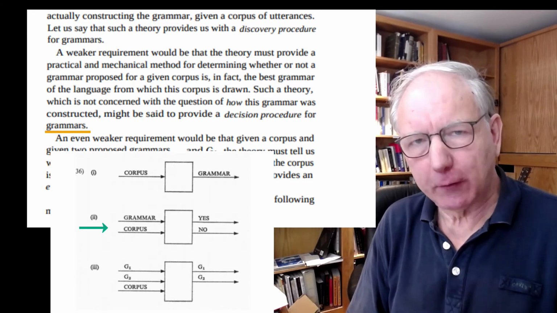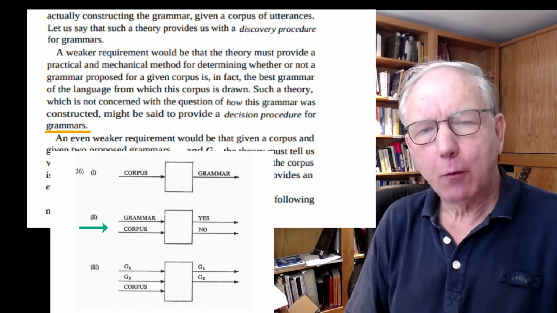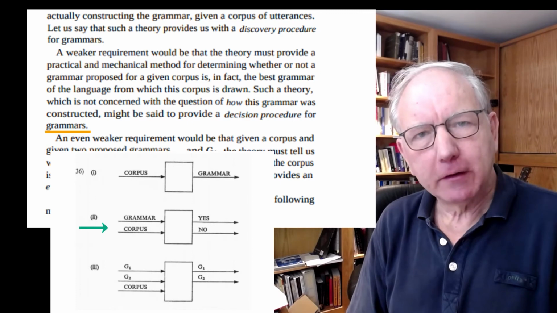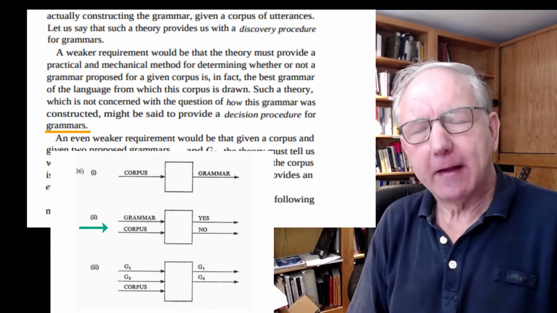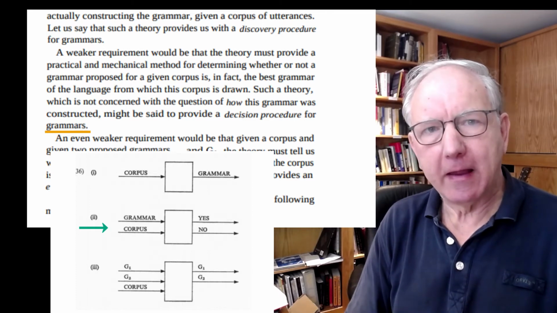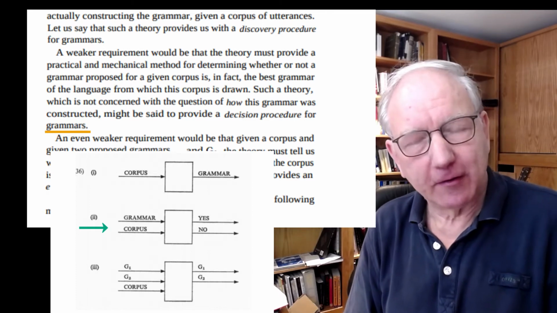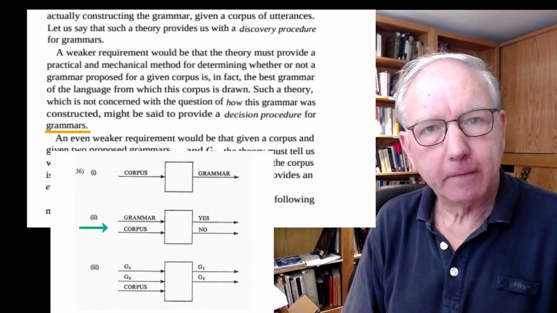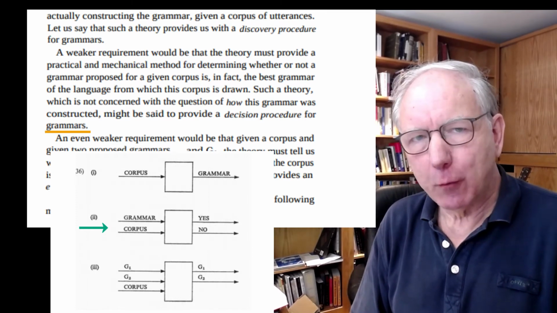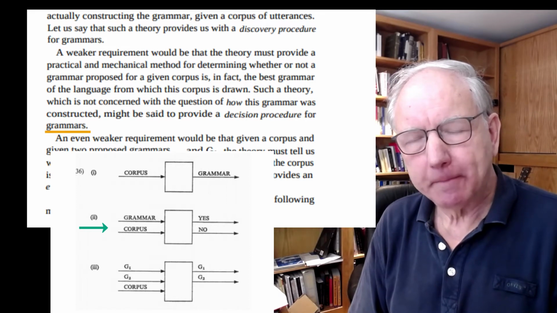Harris is trying to explain to his reader what it means to do a scientific analysis of a set of data. And that certainly can be interpreted as an algorithm that says, given a set of data and a grammar, we ask, is this a scientific grammar? Yes or no? Fine. But that's not the entirety of what Harris is trying to do.